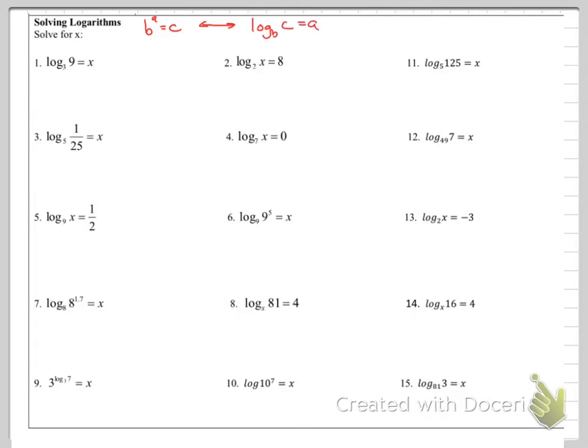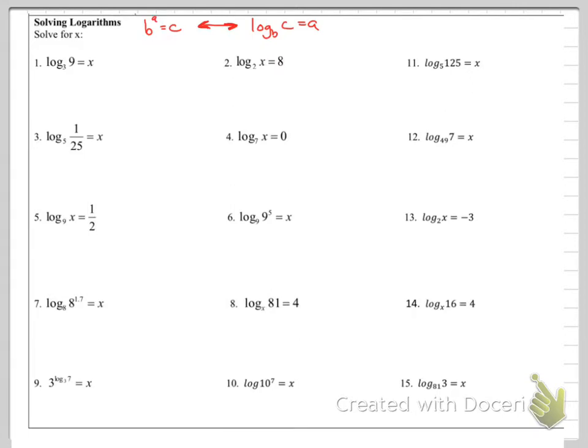You can go in either direction. Sometimes it's helpful to go from exponents to logs. Sometimes it's helpful to go from logs to exponents. So at first, we will write it down. Number 1 says log base 3 of 9. So it's written in this form. I want you to rewrite it in this form.